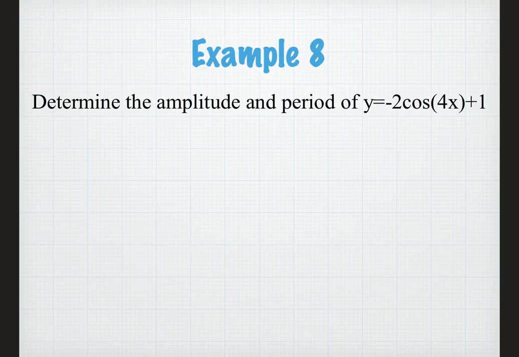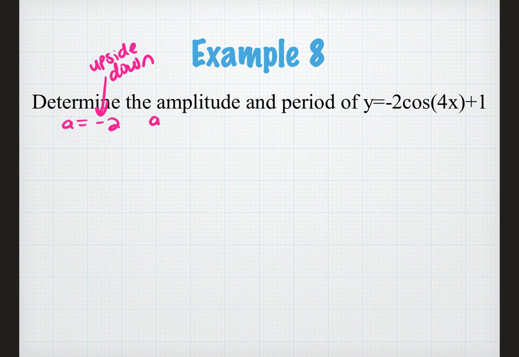All right, let's do one that does all of it together. So example 8 says determine the amplitude and the period of y equals negative cosine 4x plus 1. I actually think I'm going to just have us graph it and then we'll stop for the day. All right, so what is A? It's actually -2. Remember the negative. I remind myself, this means flip it upside down.